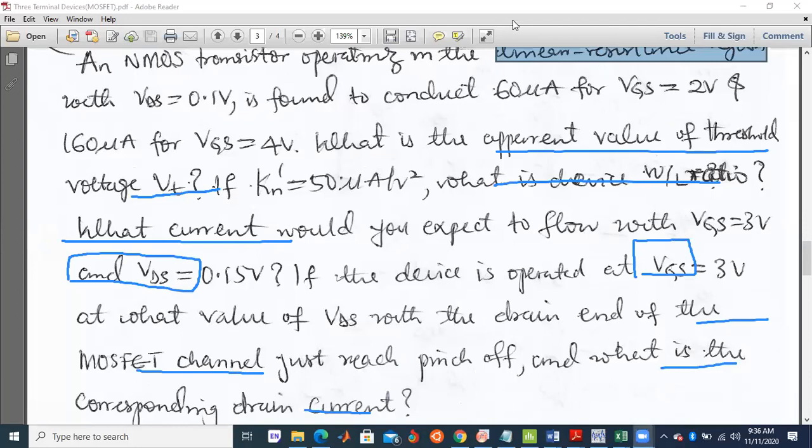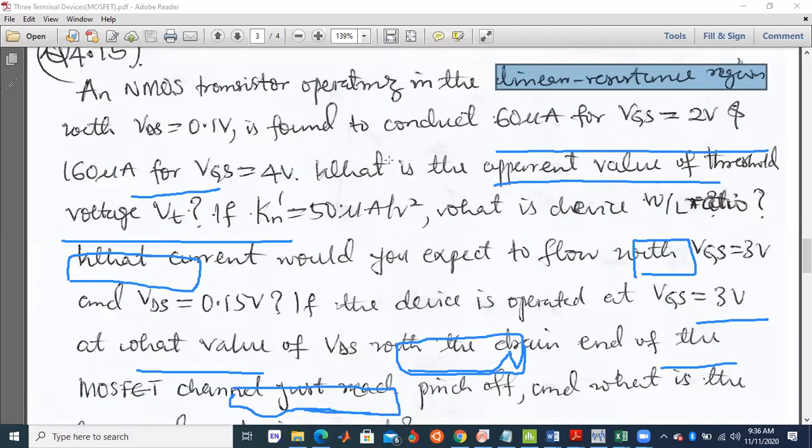So you have to use the condition for the pinch off region here. And what is the corresponding drain current? This is a very good exam question. So from the question, you have two IDs.